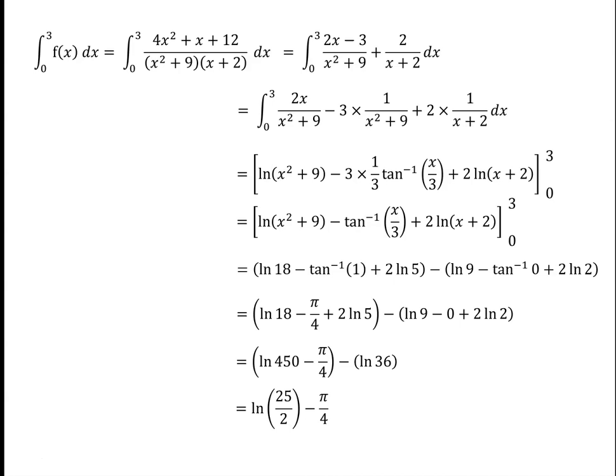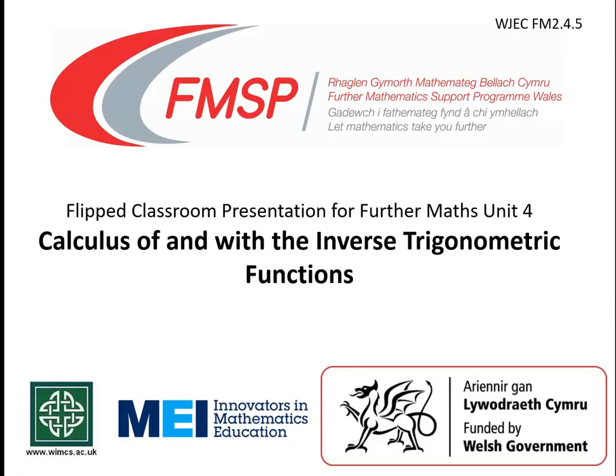So my final answer for this integral is the logarithm of 25 over 2, take away pi by 4. And that concludes our video looking at the calculus of and using the inverse trigonometric functions.